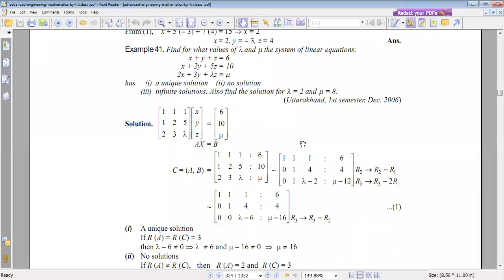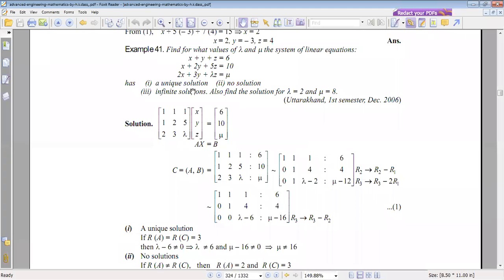See, so when there is a unique solution, listen carefully. When there is a unique solution, the rank of the matrix is equal to the rank of the augmented matrix, which is equal to the total number of unknowns. Clear?